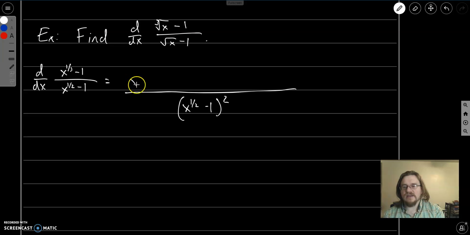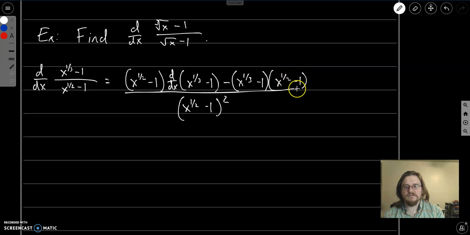And then again, we always start with the bottom times the derivative of the top. Minus the top times the derivative of the bottom. Oops. I need to write the derivative of the bottom, not just the bottom of the fraction.